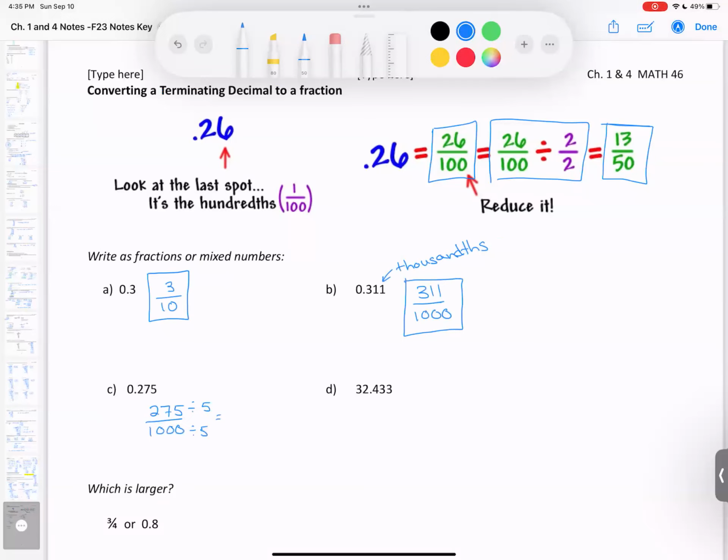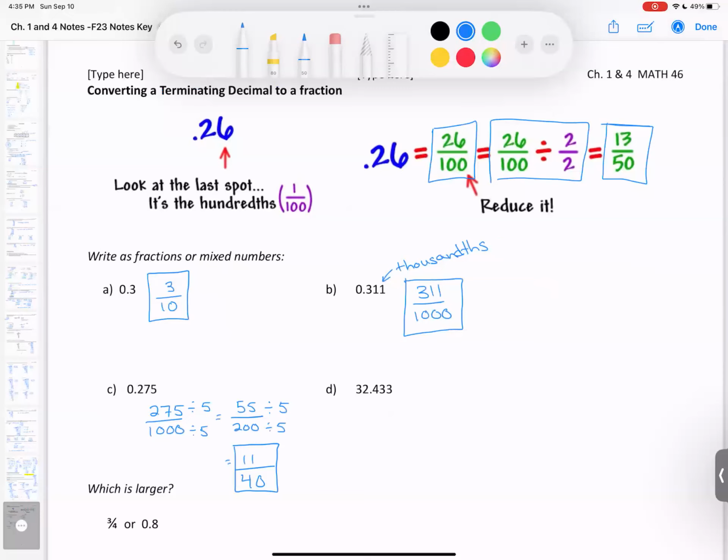So I get 55 over 200. Now I can see both of those are still divisible by 5, so I'm going to divide by another 5. That's going to leave me with 11 over 40. Now I'm at a place where I can't further reduce the fraction.